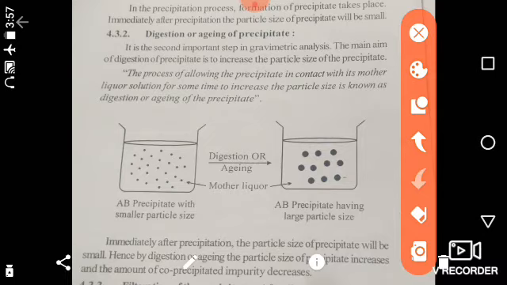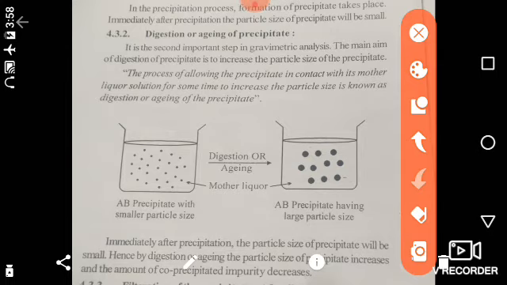So immediately after the precipitation the particle size of the precipitate will be small, hence by digestion or aging the particle size of the precipitate increases and the amount of co-precipitated impurities decreases. So the main aim of the aging or digestion of precipitate is to increase the particle size and to decrease the impurities which are encountered in the precipitation.